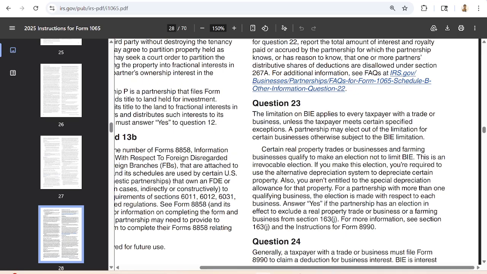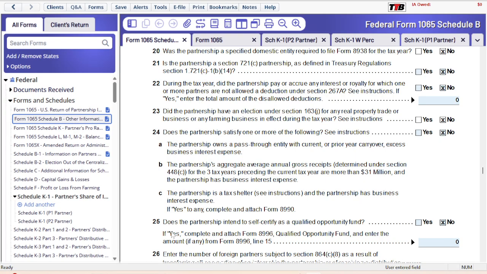If you are electing to exclude it, you answer yes. If you make this election, you are required to use the alternative depreciation system. That is pretty much because we have the macro for depreciation, you have the alternative depreciation system. So that's pretty much what that election is. Chances are the answer is going to be no. But again, you have that. So let's come back here.